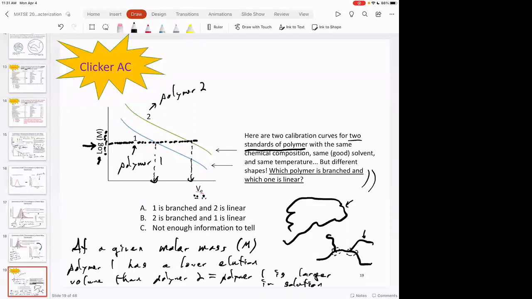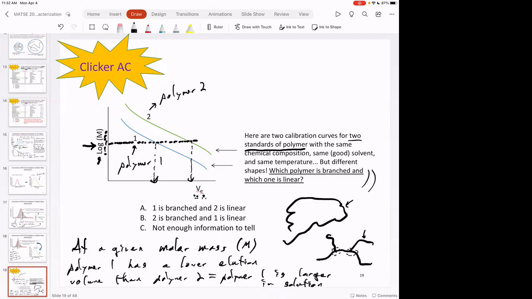So right away, you have to draw on your knowledge that things with the lower elution volume are bigger in solution. And it could be bigger for a number of reasons. It could be different polymer solvent combination, right? It could be more solvated compared to polymer 2 that's going to have a more collapsed coil or has a larger difference between the solubility parameters.